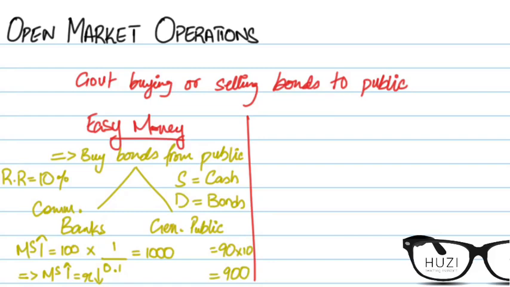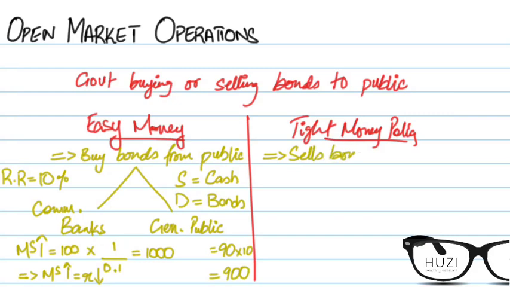On the other hand, if we talk about a tight money policy, let me just write this down: tight money policy. So for a tight money policy, the government sells bonds.